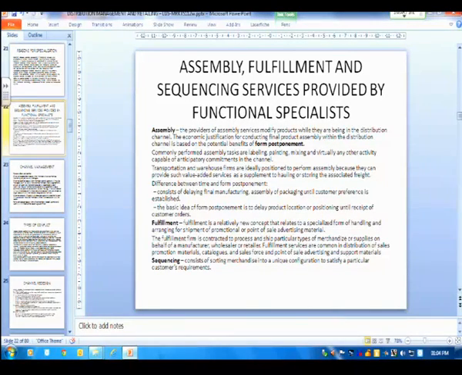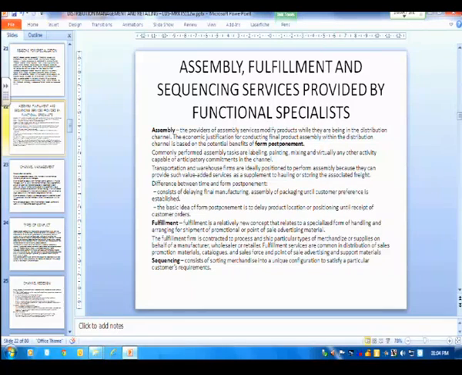The next one is fulfillment. Fulfillment is a relatively new concept that relates to a specialized form of handling and arranging for shipment of promotional or point of sale advertising material.